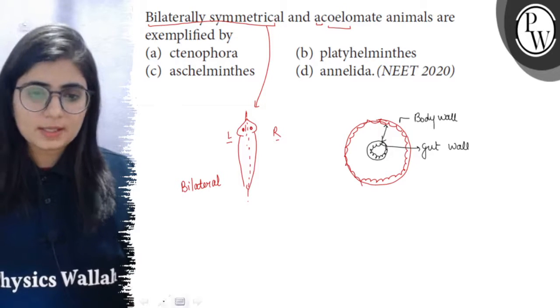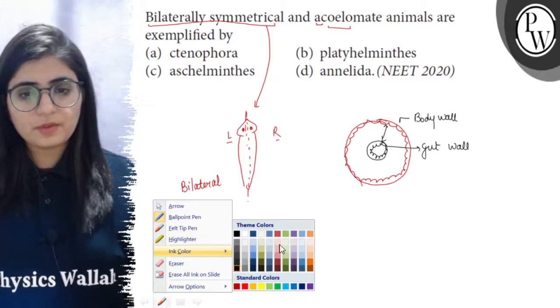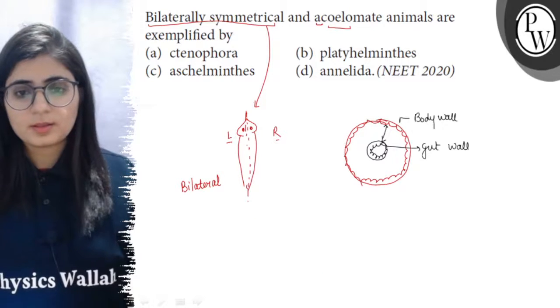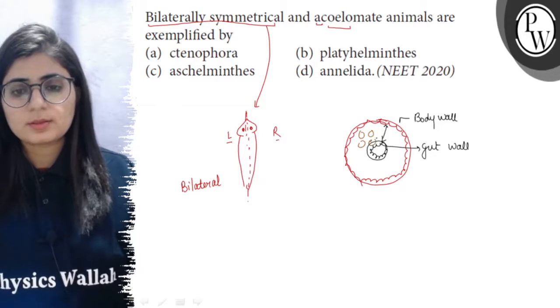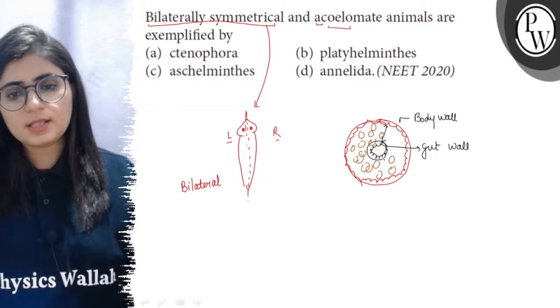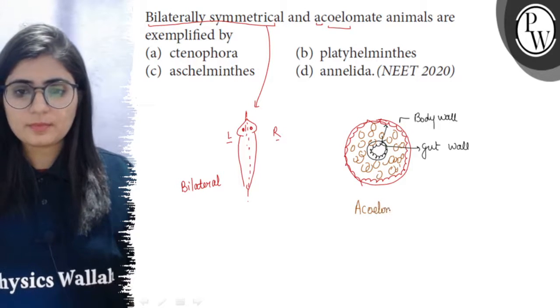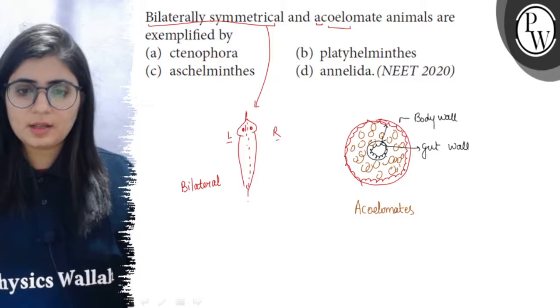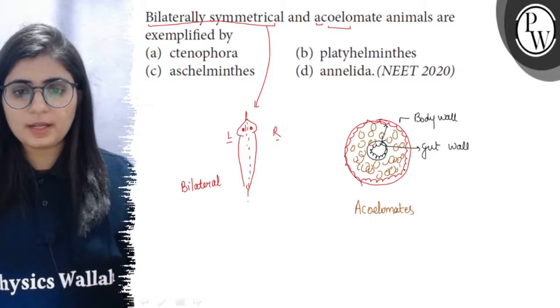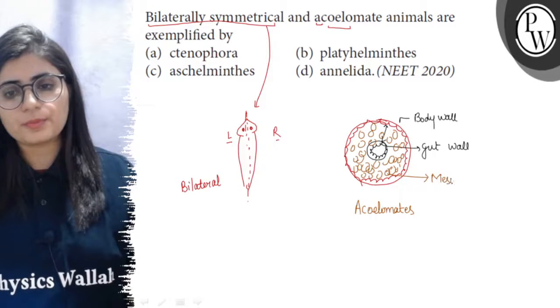Now if this space is filled with the tissue, so there is no body cavity left, and such animals without body cavity, they are called the acoelomates. So as we can see here, that this space between body wall and gut wall, it is filled with the tissue which is derived from mesoderm.